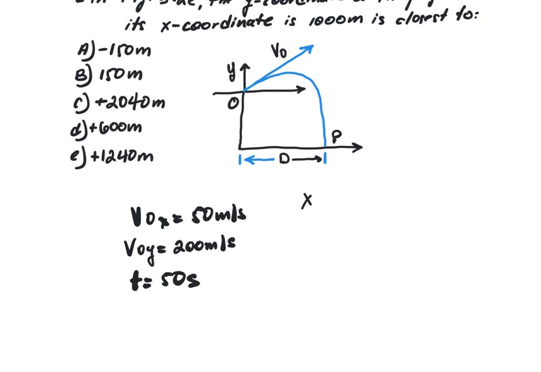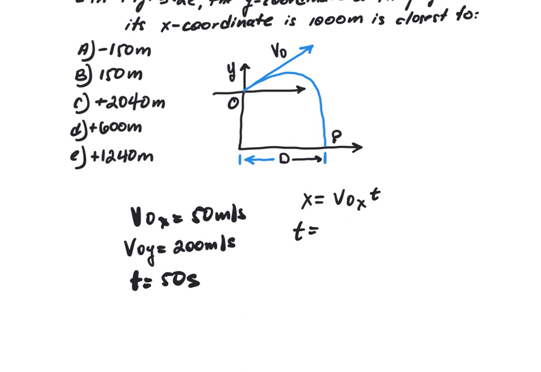Okay, so our x will be v of x times t. So to solve for our time, we need to isolate t.